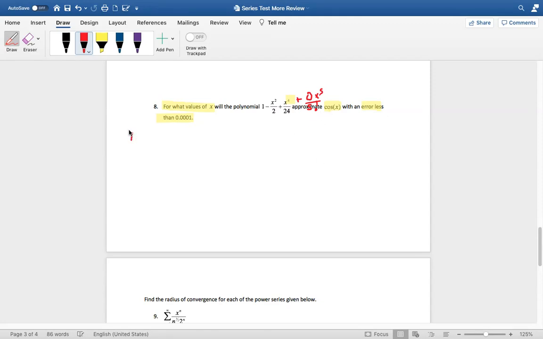So I'm going to say the remainder after using the 5th order will be less than or equal to this maximum, which by the way, for sine or cosine, I'm just going to make 1, over the next factorial, times I don't know what x. That's what I'm after. For what values of x to the 6th power?